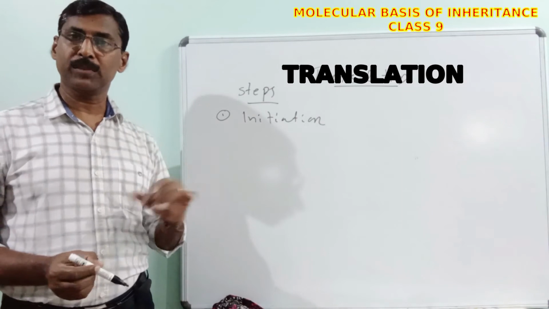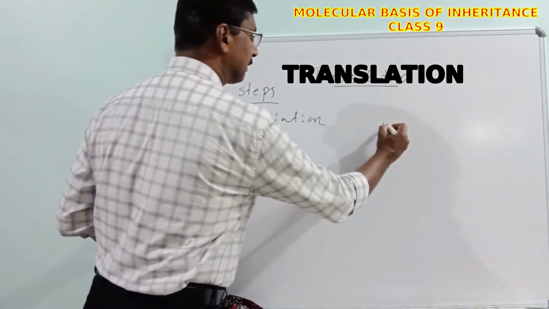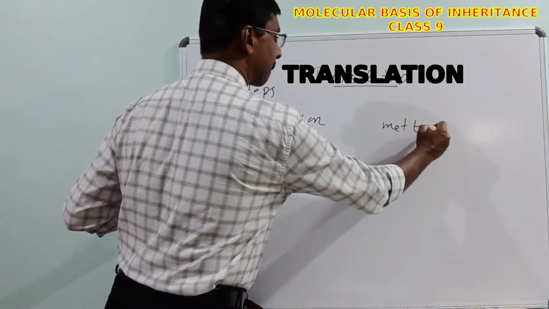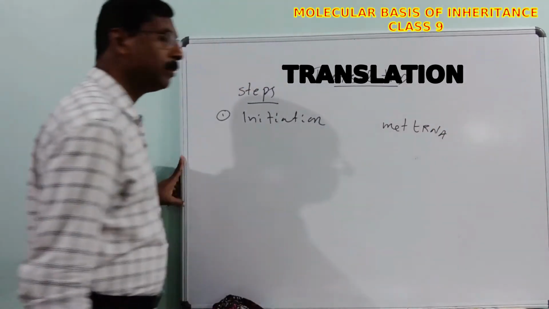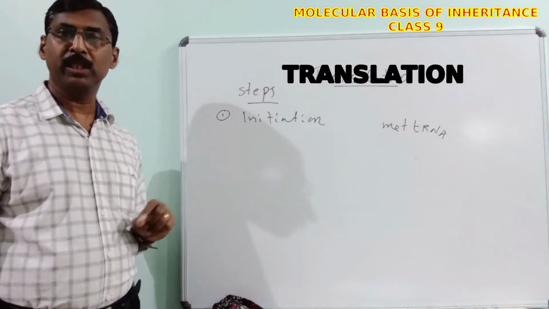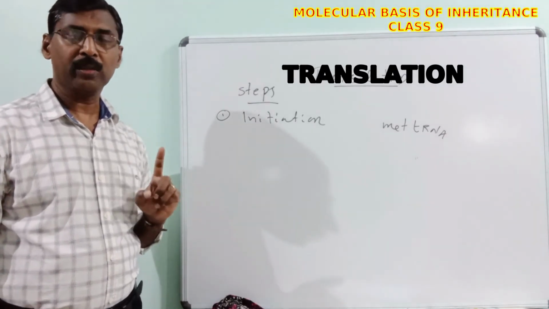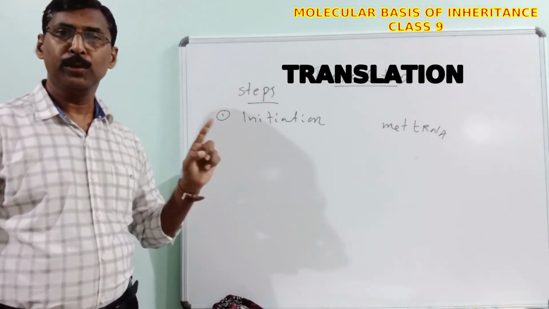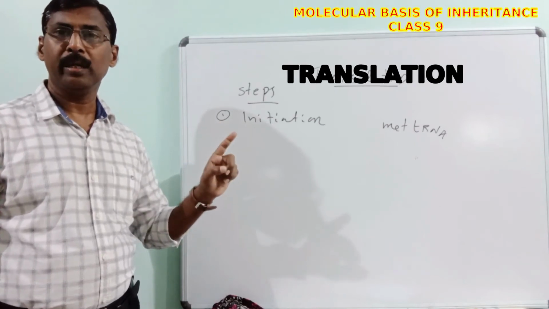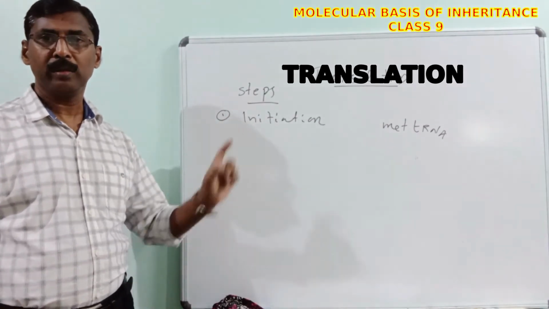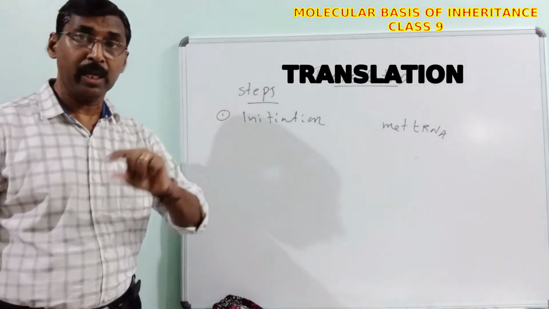It carries the methionine with the anticodon UAC, because the codon is AUG.